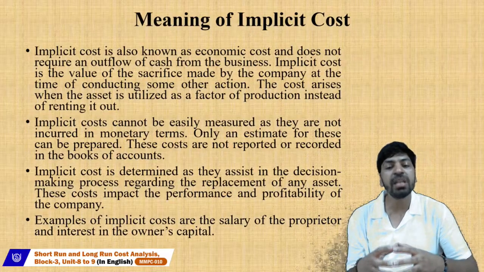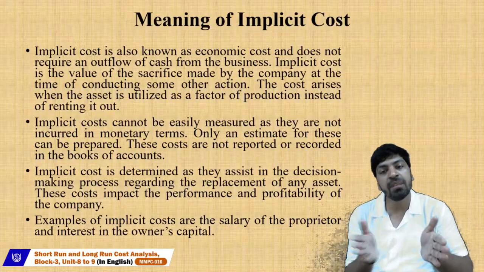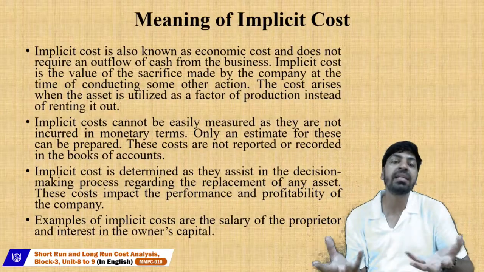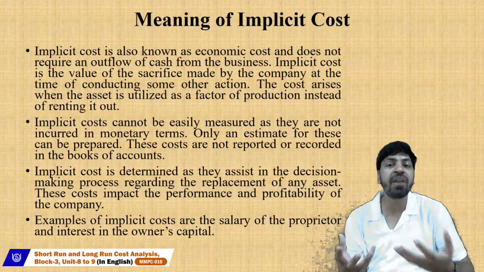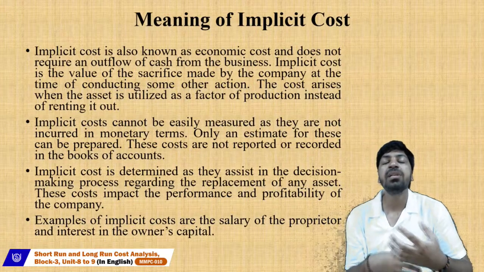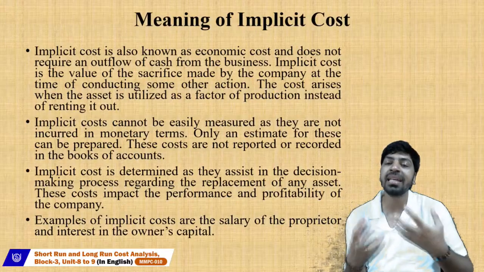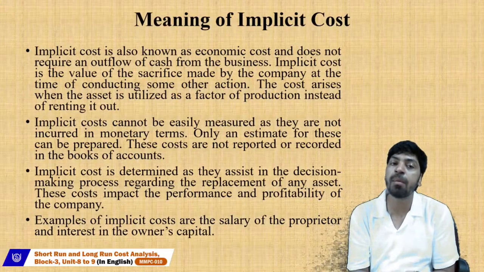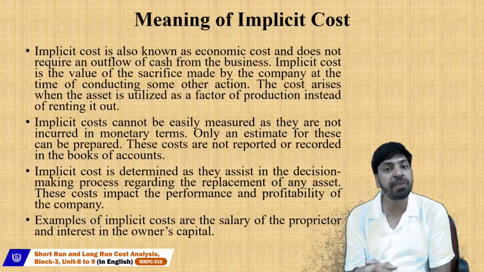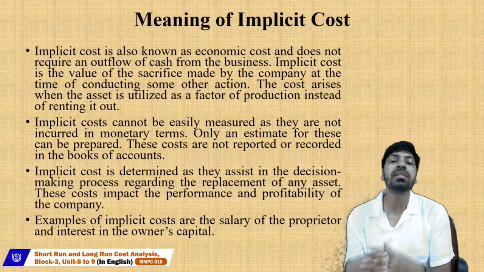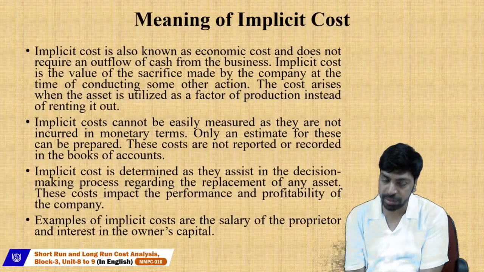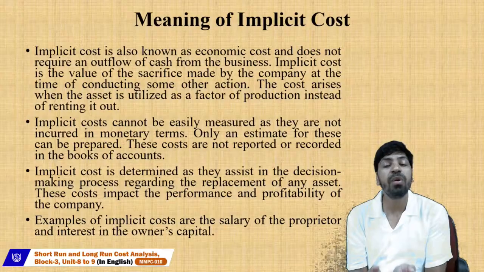So the costs utilized within the business organization, whatever expenses or sacrifice the company makes so that it can conduct some other action for its own business operation or for the benefit of the operation, are called implicit costs, which are internal or within the organization.